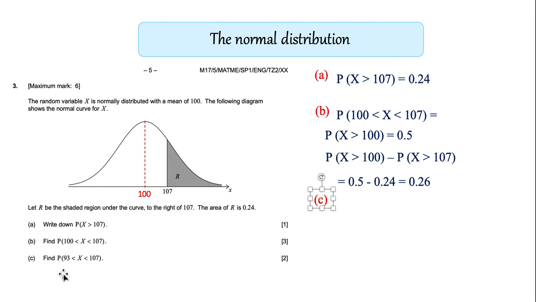Now they ask you, find the probability that your x is between 93 and 107. This one's tricky because we don't know anything about 93. But think about what the difference is from 100 to 107. The difference in value is 7, right? And then think about 93. 93 to 100 is also 7.